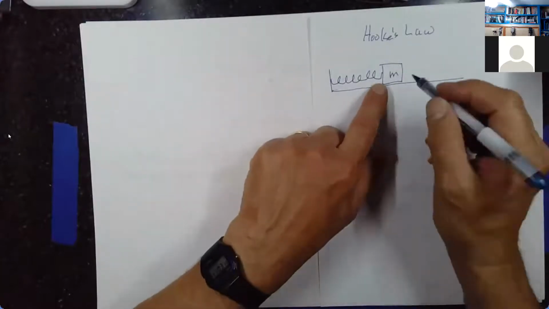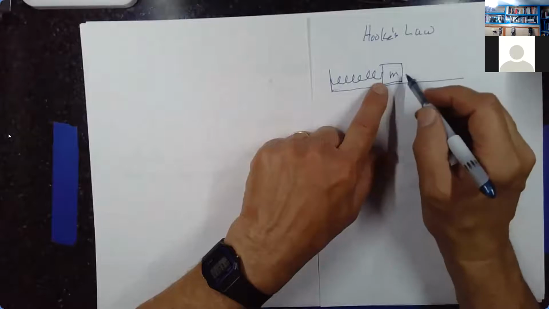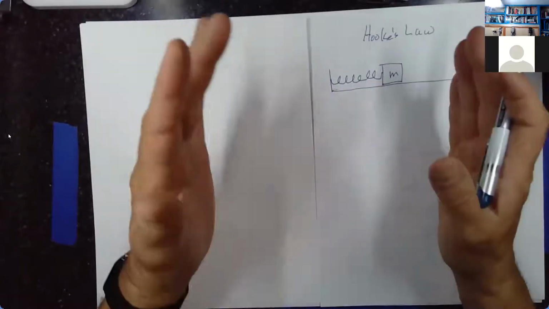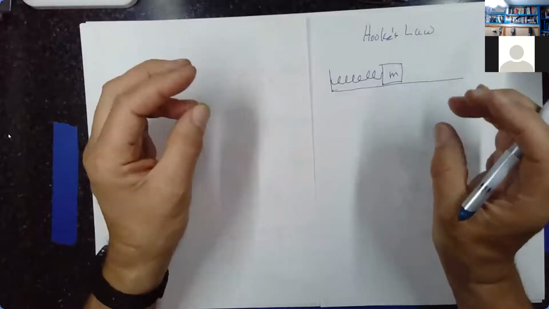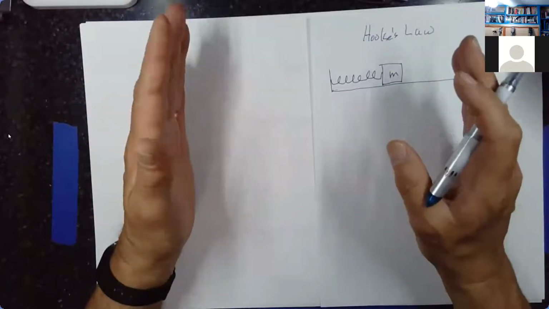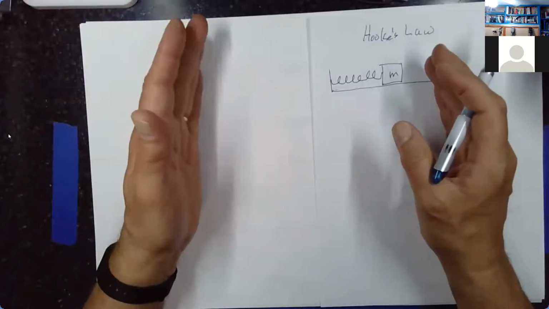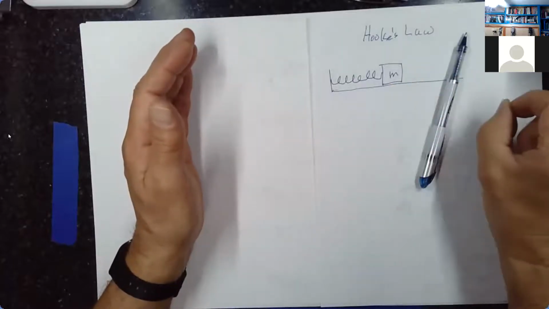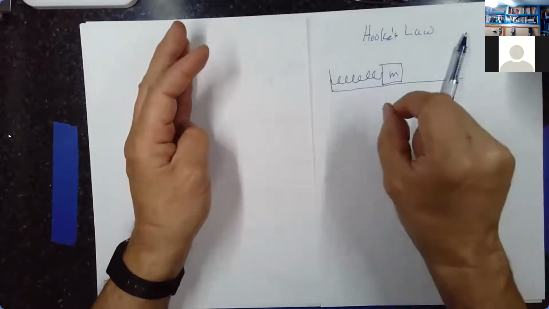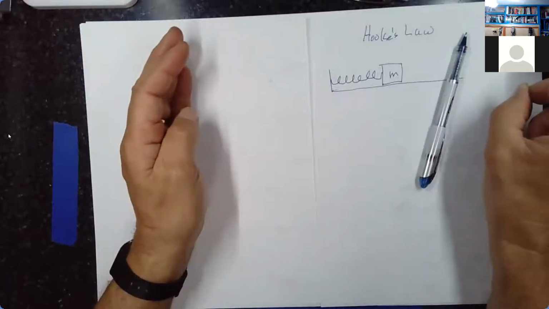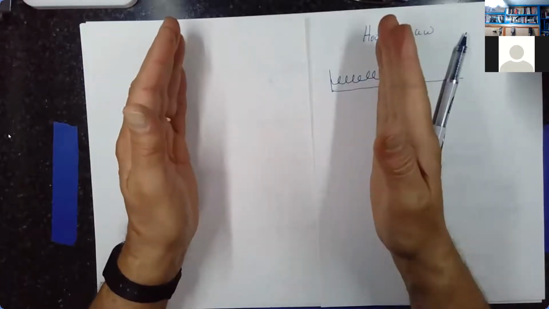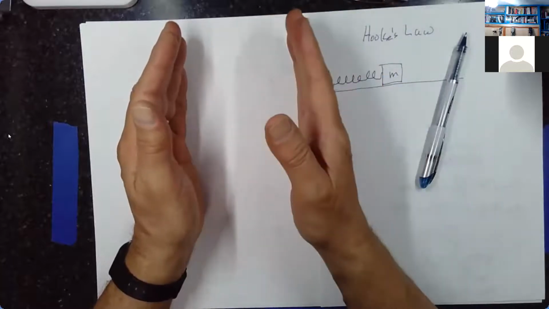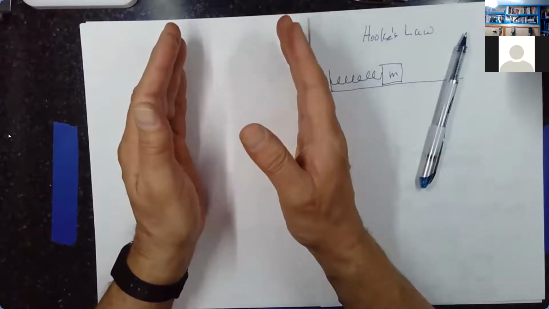But a Hooke's law force, a spring force, is such that there's an equilibrium length for the spring, where if you just let it be to itself, it'll assume some particular length, and we call that the equilibrium length. If you try to stretch it from that equilibrium position, the more you stretch it, the harder it gets to stretch it. Or if you try to compress it from that equilibrium length, the more you compress it, the harder it is to compress it.